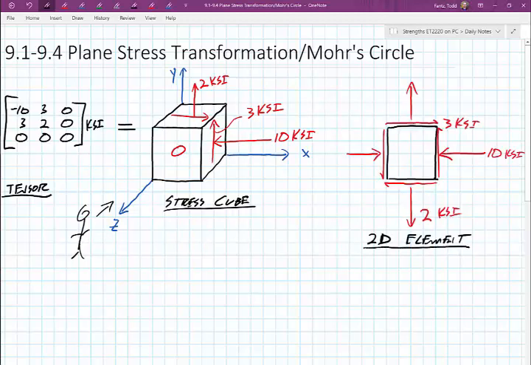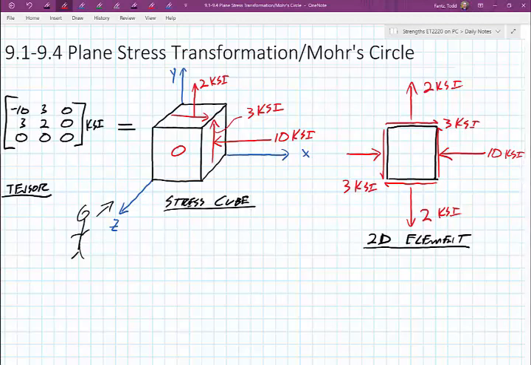All I've done is show what it looks like in a 2D context, where I have 2 KSI pulling on this thing in tension in the Y direction, 10 KSI in compression in the X direction, and I have a 3 KSI shear stress. Of course, all those arrows, those 4 shear stresses, are all 3. So that's what my 2D element is.